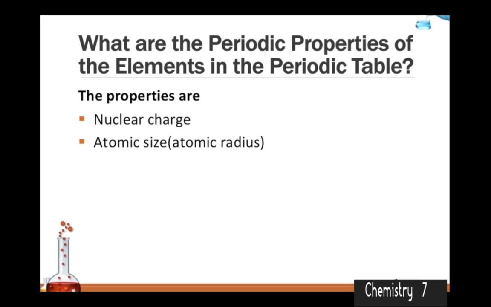These electrons are more strongly attracted towards the nucleus by a progressively higher positive nuclear charge, as I mentioned in the first point. As a result of this, atomic size decreases.